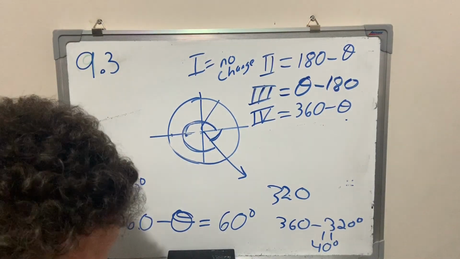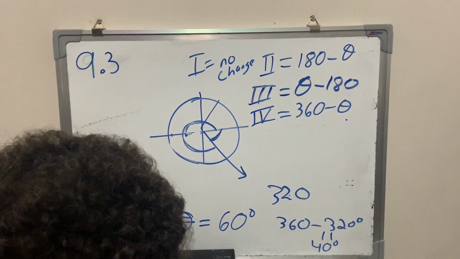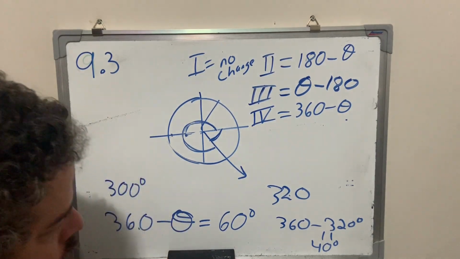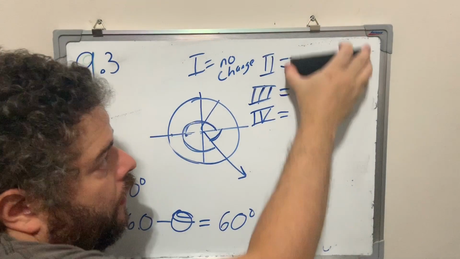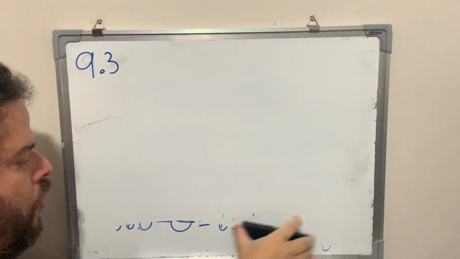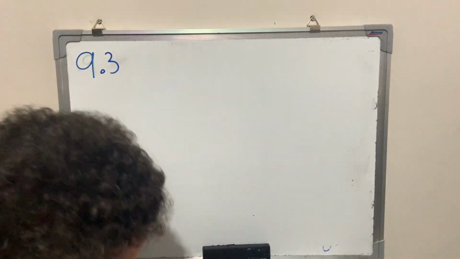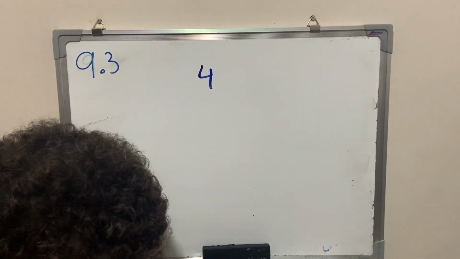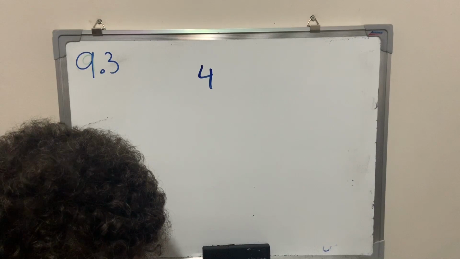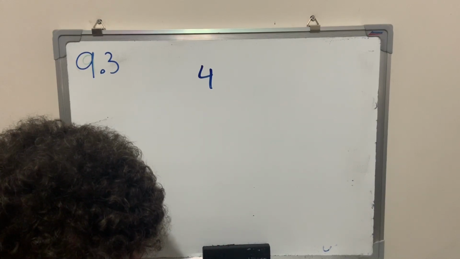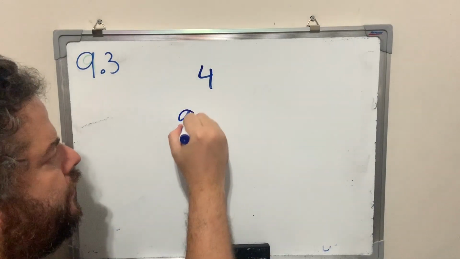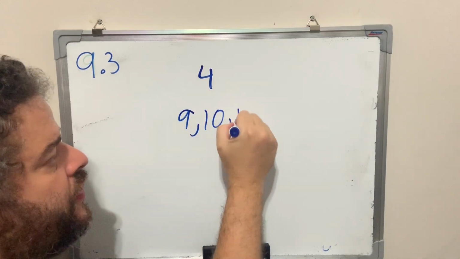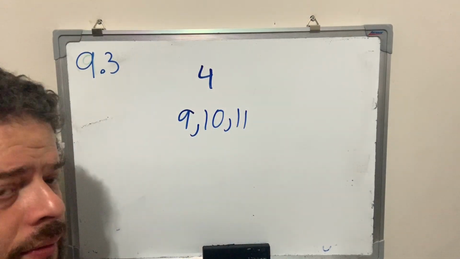For today, please do the following homework. Please do number 4, which is example 1. Numbers 9, 10, and 11, which are quadrantal angles.